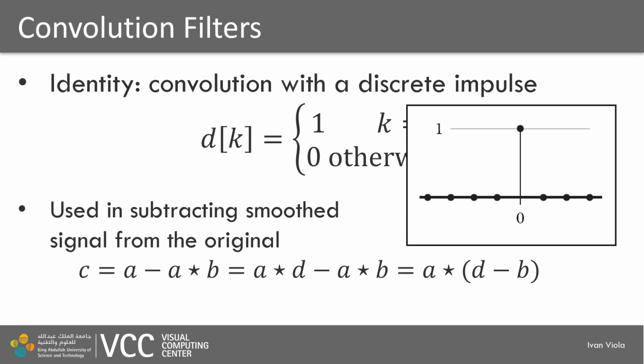We can see there's a very trivial filter kernel where the filter kernel is only defined such that B0 is 1 and Bi for i unequal 0 is 0.